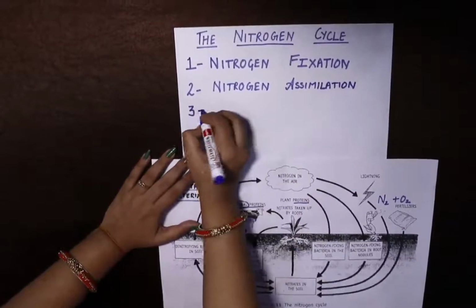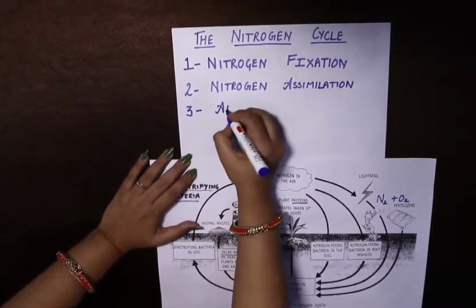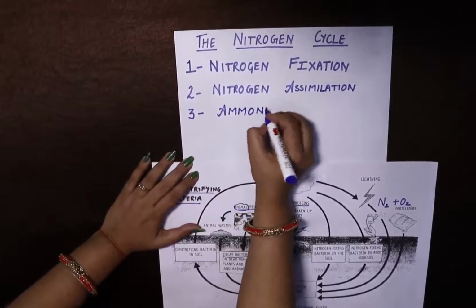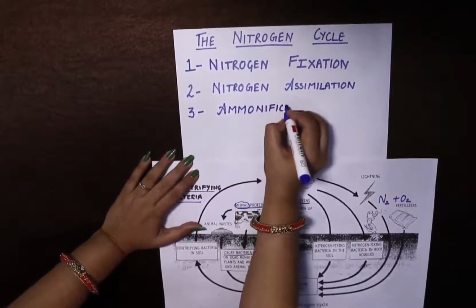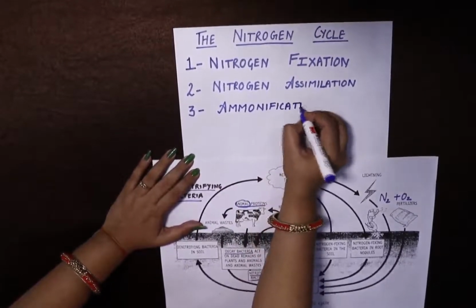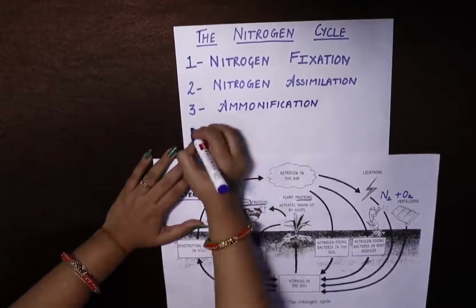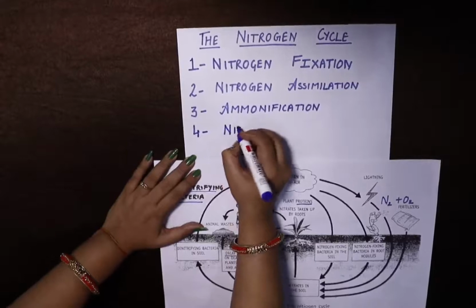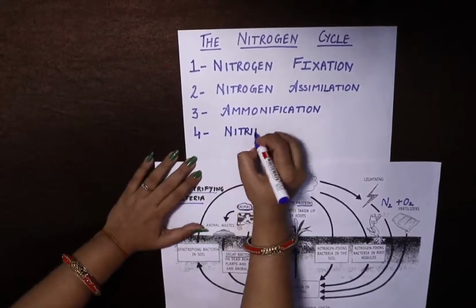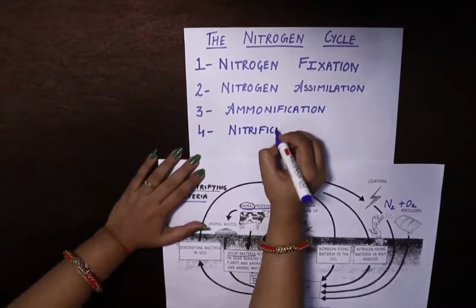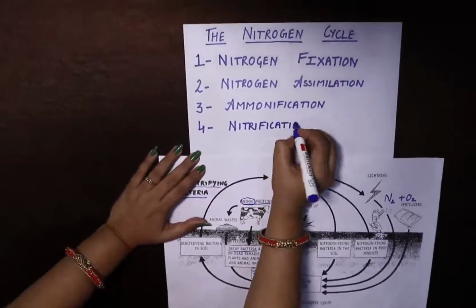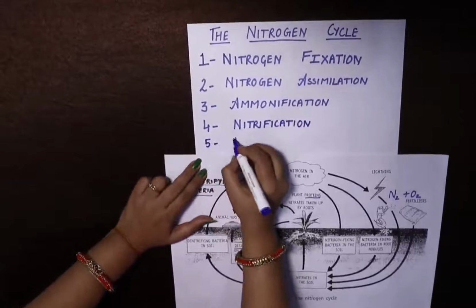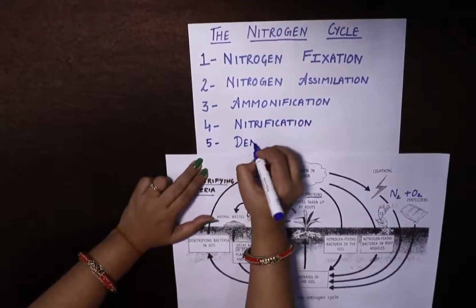The third step is known as ammonification. The fourth step is nitrification. And the fifth step is known as denitrification.